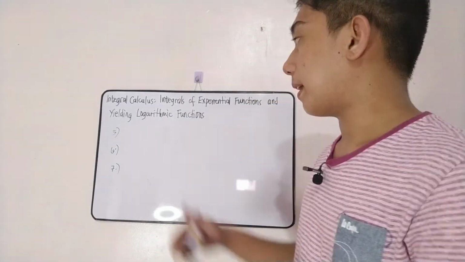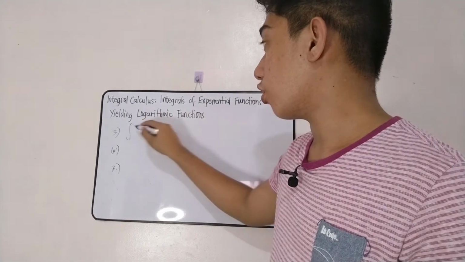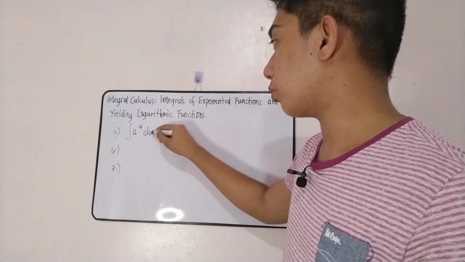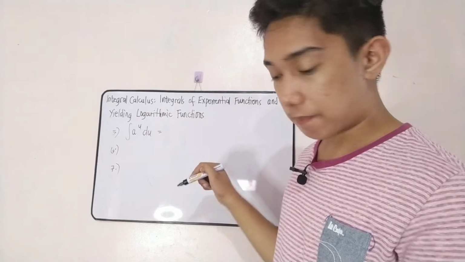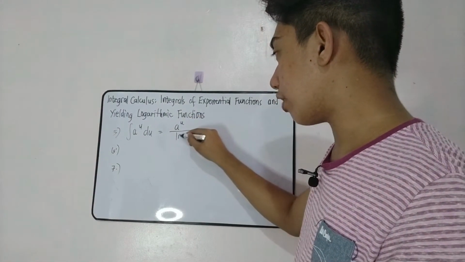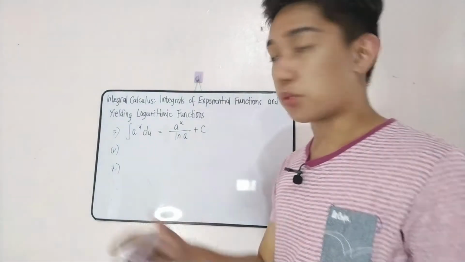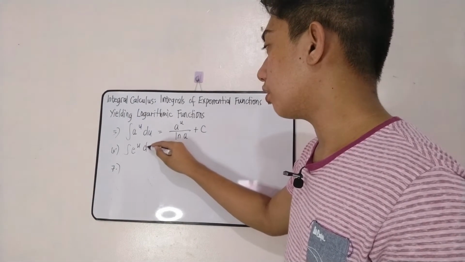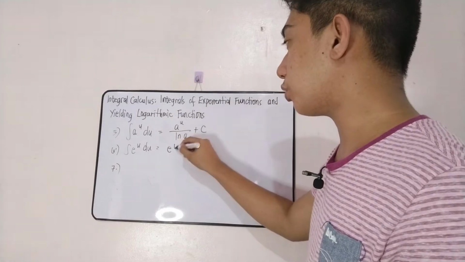So, the integration of a raised to u with respect to u is just equal to a raised to u over ln of a plus c. For the next rule, the integration of e raised to u with respect to u is just equal to e raised to u plus c.